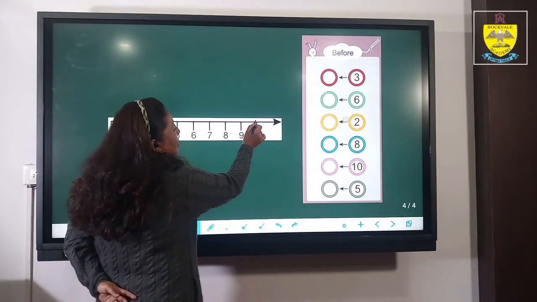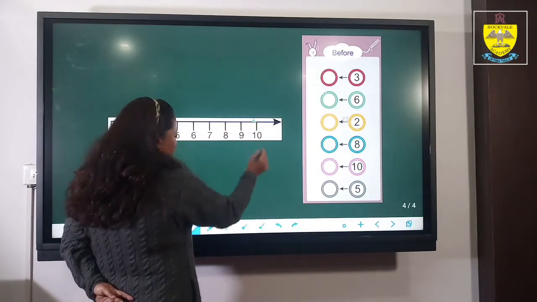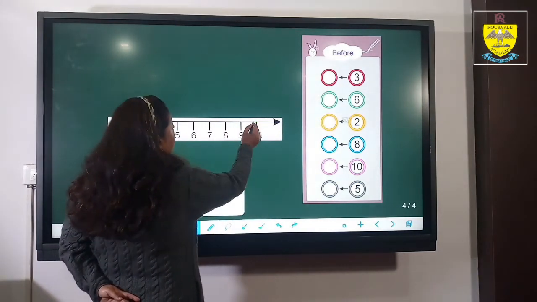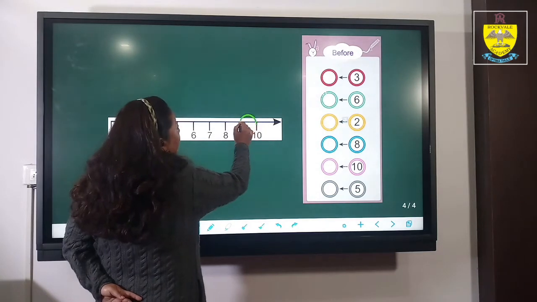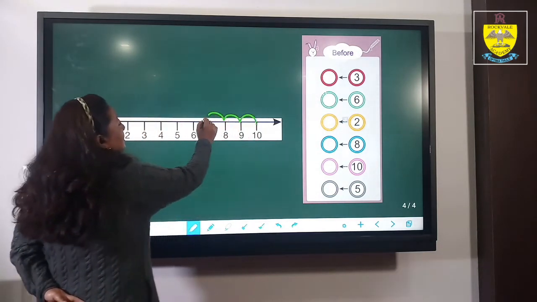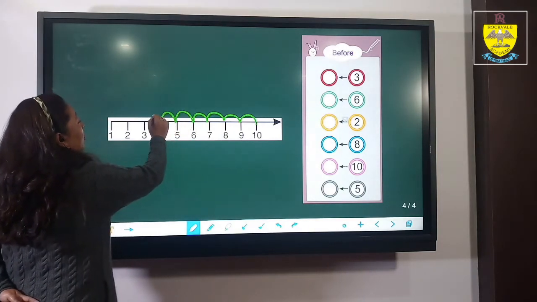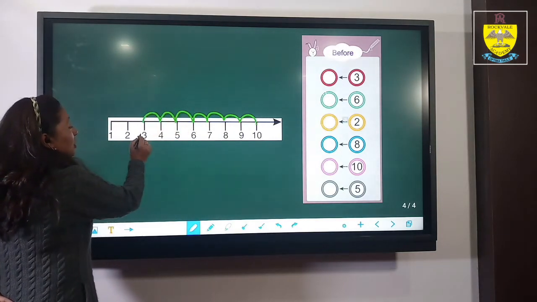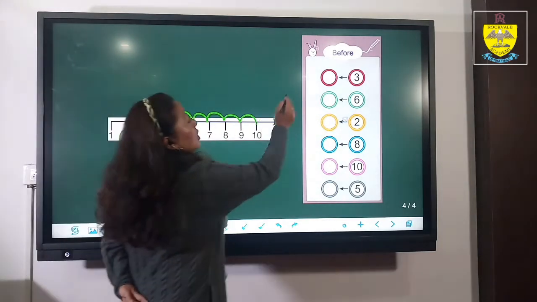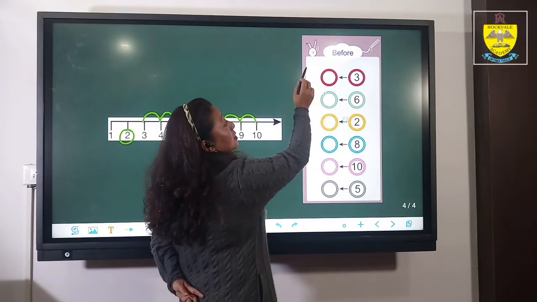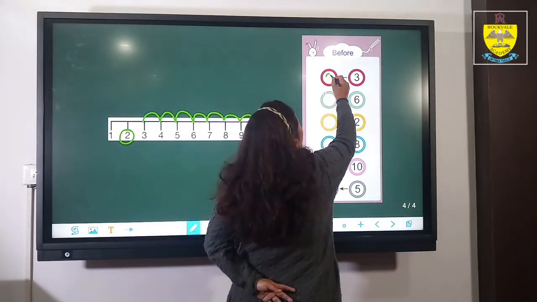From 10, we'll start. 10, 9, 8, 7, 6, 5, 4, 3. What comes after 3? It's 2. So the answer here for what comes before is 2.